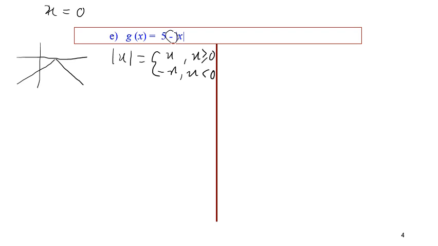So our y-axis is at the same point, so it is right here. So this is the shape of our graph. Because of the negative outside, it has a peak at 0, and apart from that, we also have 5 outside.